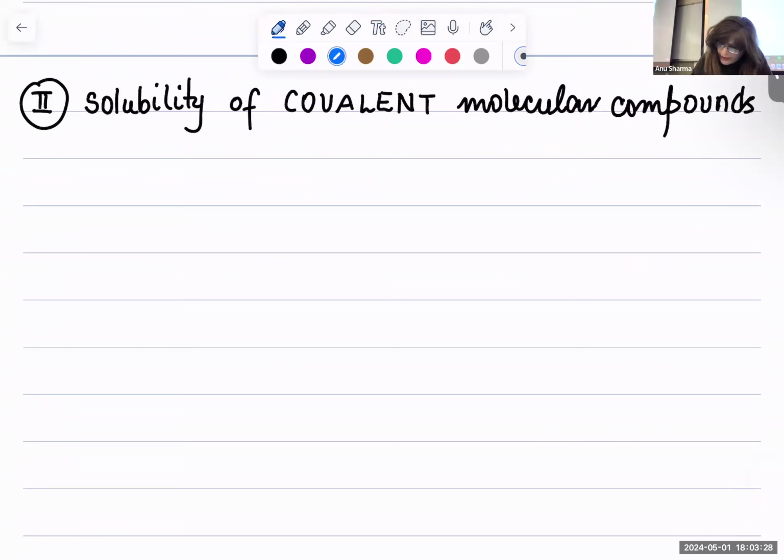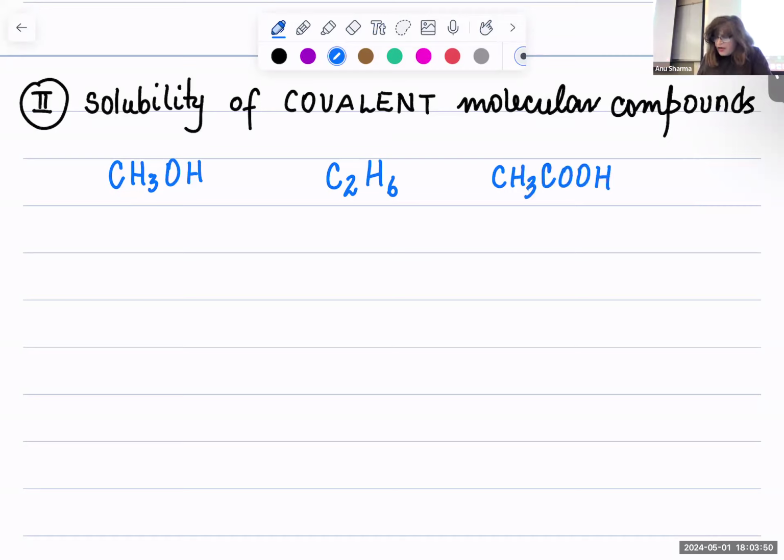All right. So for example, I give you CH3OH, and I give you C2H6, and then I give you CH3COOH. Tell whether they are soluble in water and tell whether they are soluble in oil. And then I also give you, let's say, NaCl.